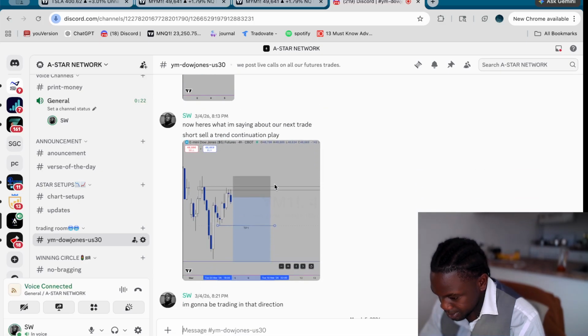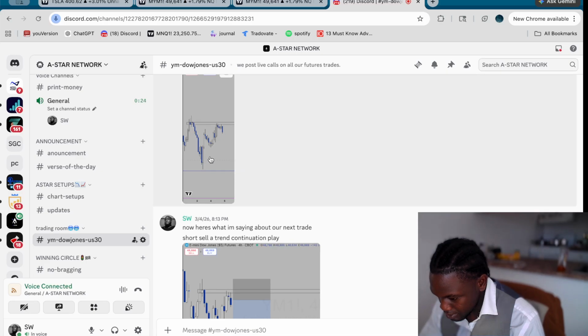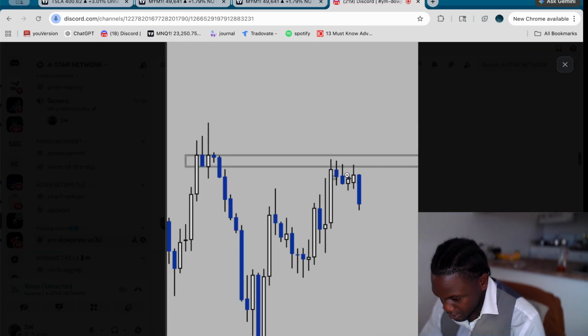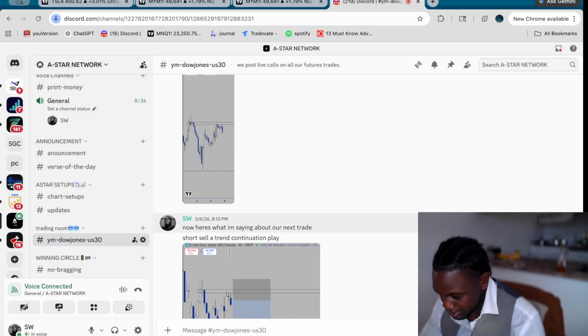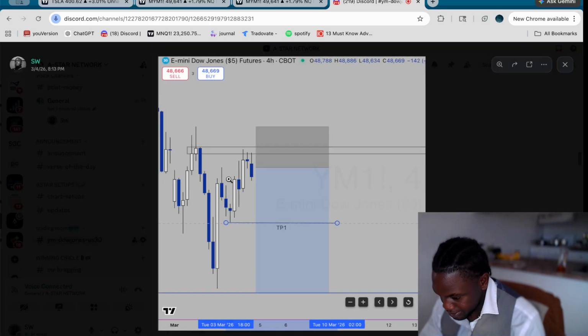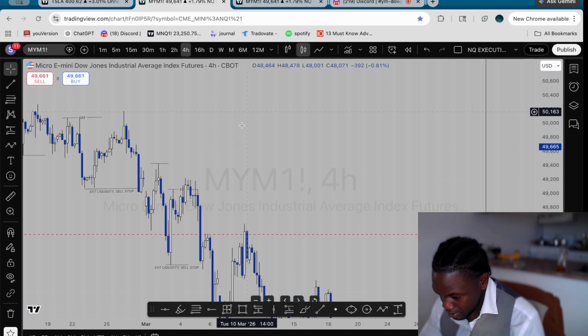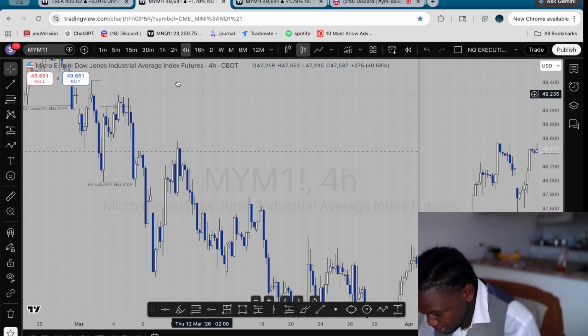This was the setup. I told them then, this was the setup. After liquidity had been run out here at this high, I told them sell this area. Look at it. That's the trade. So this is the idea, and this is how I do it.